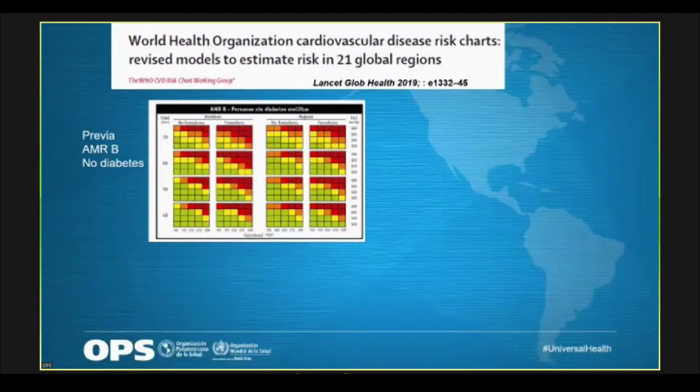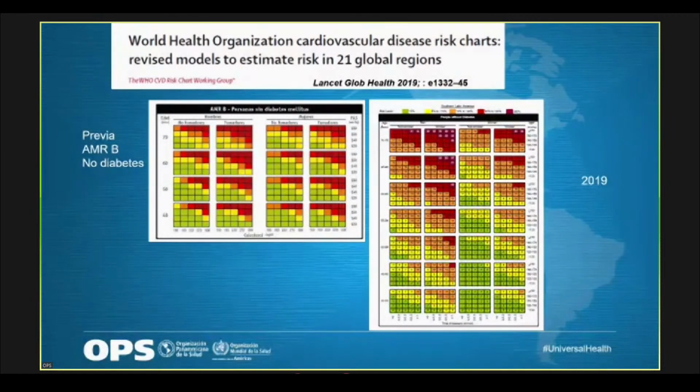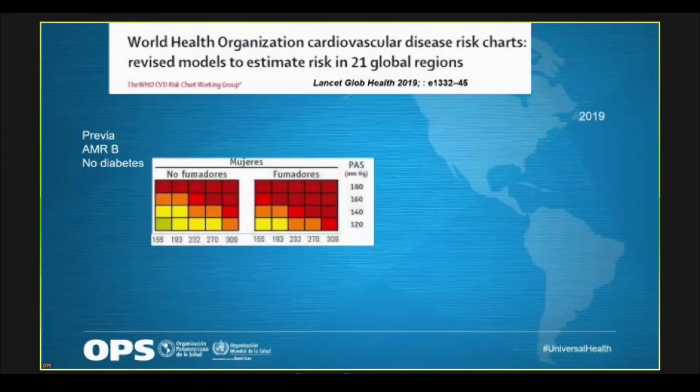What are the changes in connection with previous assessments? First of all, we see 6 regions in which the Americas were divided, and there was a change to how the ages were categorized. Instead of every 10 years, every 7 years.